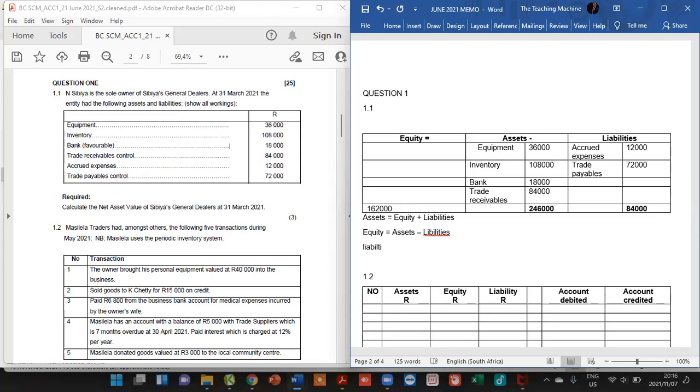Liabilities equals assets minus equity. So the value of the assets is equivalent to a combination of the equity and liabilities, because we believe that equity and liabilities are financed by assets. Okay, so if you become bankrupt, if you become insolvent, they can repossess your assets.